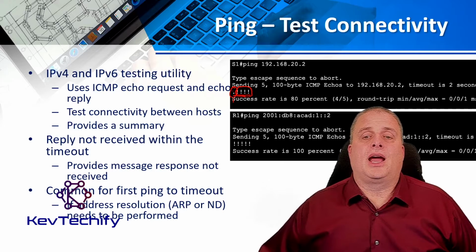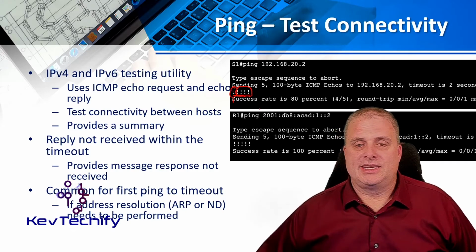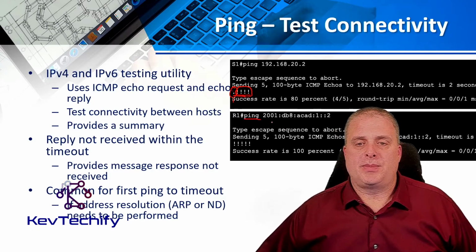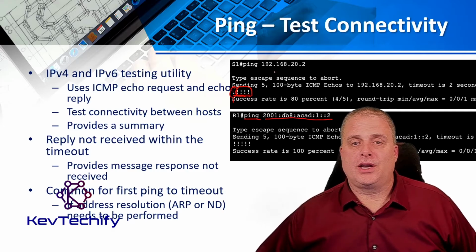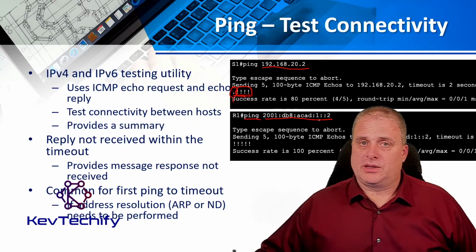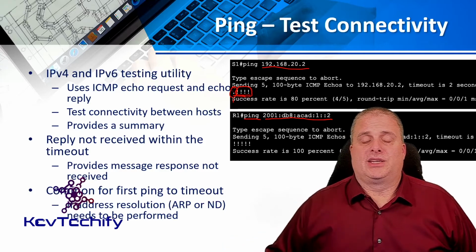Same process with an IP version 6 address. Notice the syntax. The syntax is the same. We start off with the keyword of ping, put a space in there, and then we put the address in there, whether it's an IP version 4 address like we did in the first example, or an IP version 6 address down here in the second example. It sends out 5 echo requests. It expects 5 echo replies to come back in.